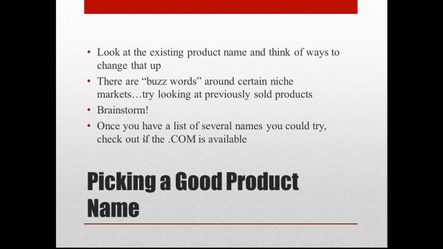For example, if you've seen a PLR niche product with a great name, try thinking of a similar name that you can use as well. Another thing you can do is brainstorm. Take a look around, see other products that are similar to yours, and go from there. Once you have a list of several names that you can try, check if the .com is available.